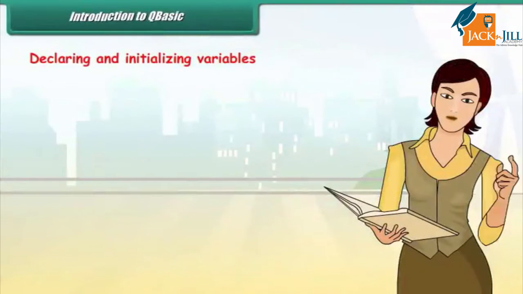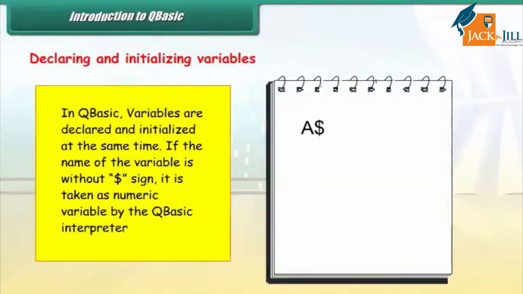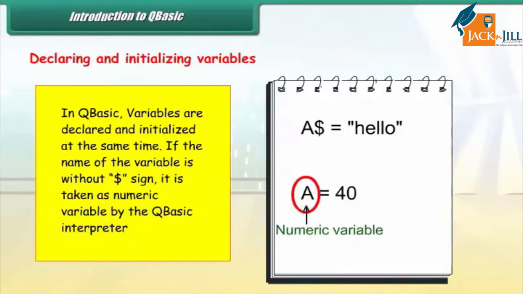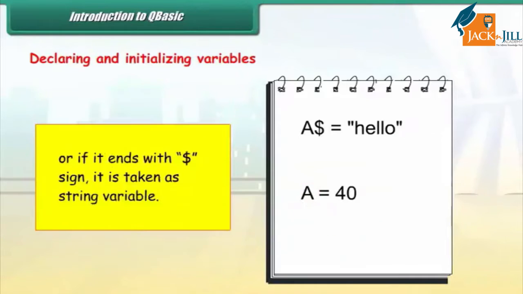Declaring and initializing variables. In Qbasic, variables are declared and initialized at the same time. If the name of the variable is without a $ sign, it is taken as a numeric variable by the Qbasic interpreter. If it ends with a $ sign, it is taken as a string variable.